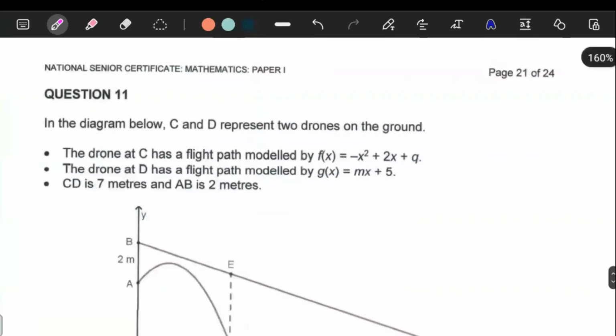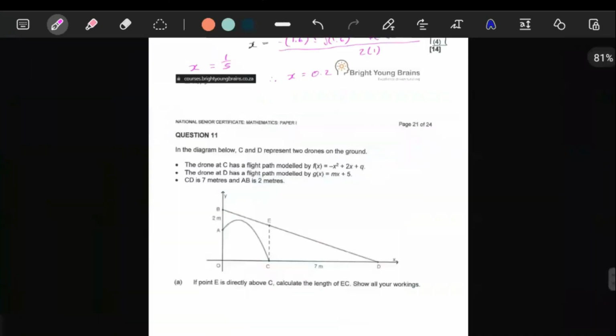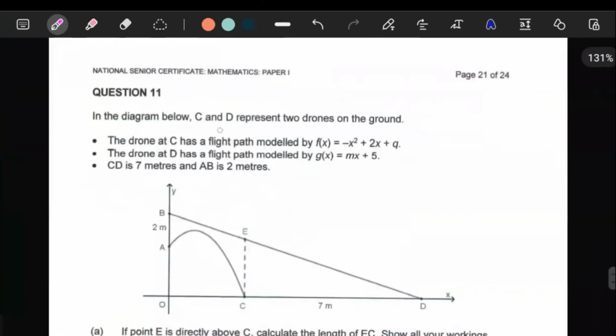Question 11. What do we have here? It says in the diagram below, C and D represent two drones on the ground. Wow. Okay. And then it says the drone at C has a flight path modeled by this parabola. The one at D has a flight path modeled by this straight line.